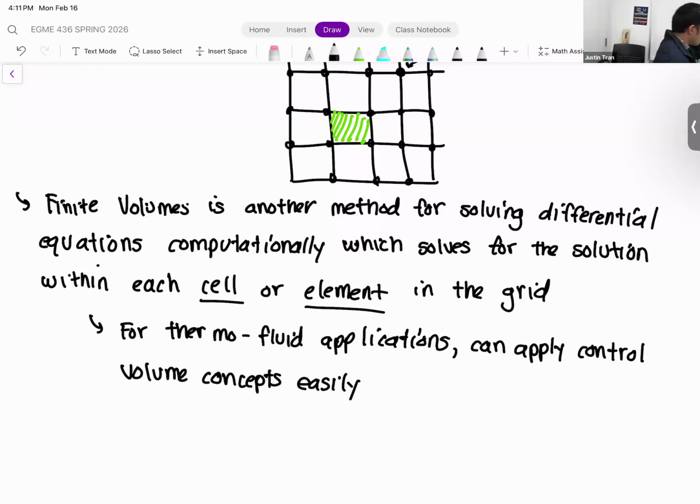Even though the math that we're going to be doing is obviously going to be different, a lot of the same concepts and understandings of control volumes in fluids and heat transfer apply here really easily. And because of that, we also gain a lot of really nice properties.